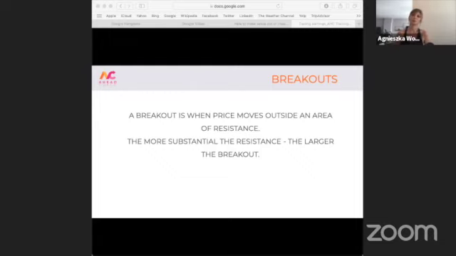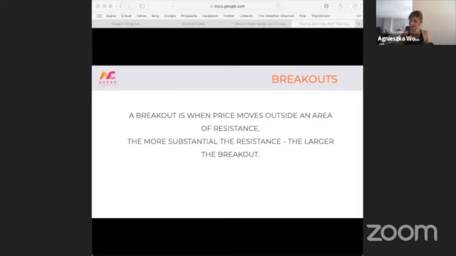Those are very powerful, because if the stock is strong enough to break through very strong resistance like a 52-week high, that shows strength, and the stock can make a move for the following days and even weeks. So this is what we're going to look for today: possible plays for the next week.